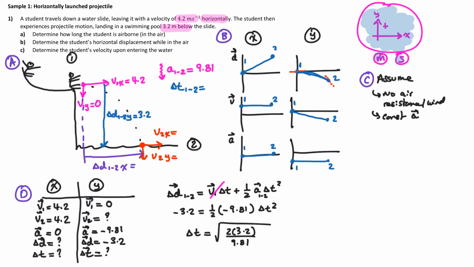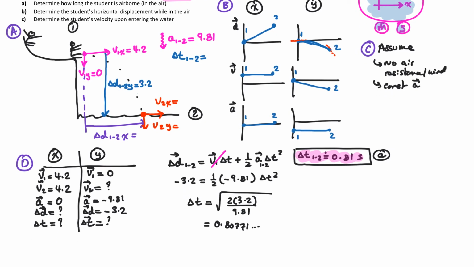And this time will be approximately, actually I'll write the more exact value here, 0.80771... So therefore the time from 1 to 2 is going to equal approximately 0.81 seconds in two significant figures. And I will highlight this as my final answer for the first part, and I can write that as well. This is A.